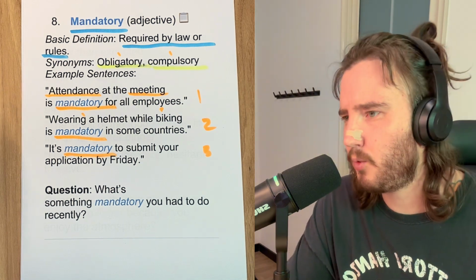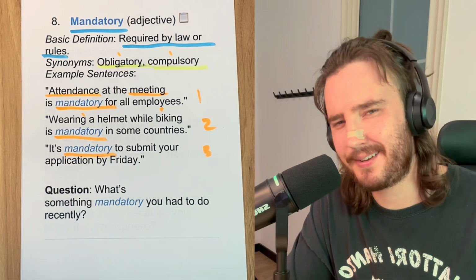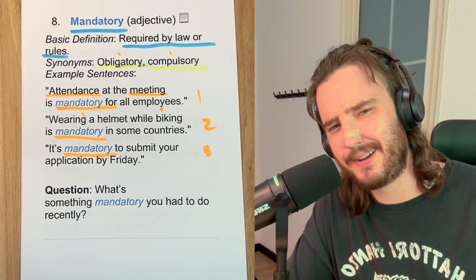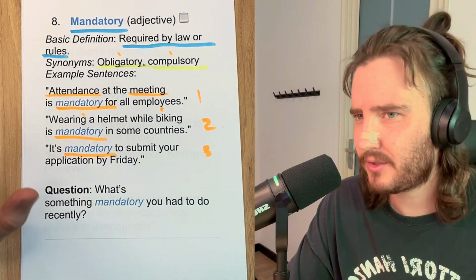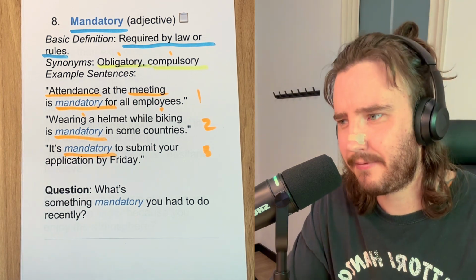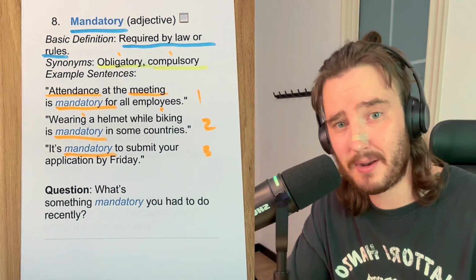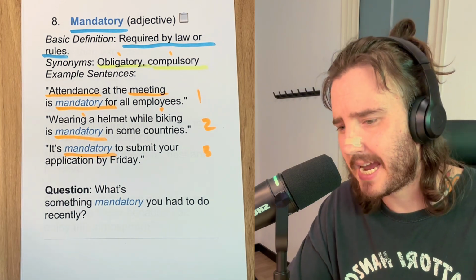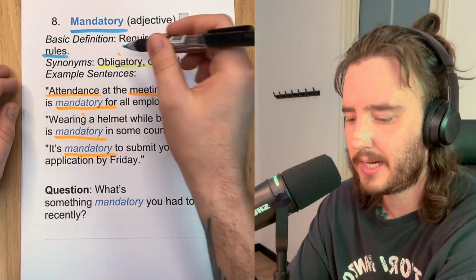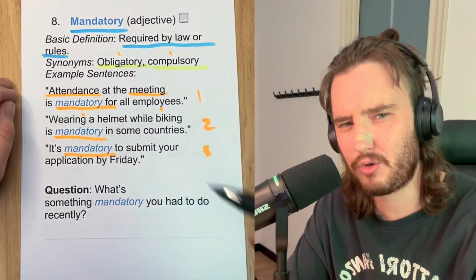I remember that when I was living in China, I used to live in China, right? And there were lots of local laws that were different than laws we have in America. As a foreigner, I had to do all of these obligatory, compulsory, mandatory things.